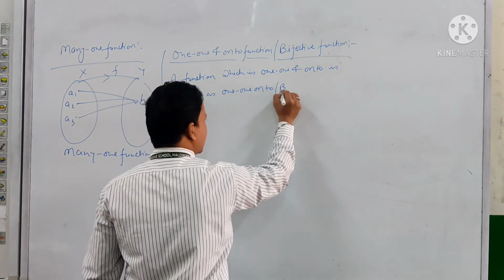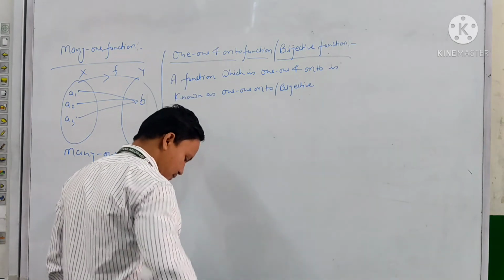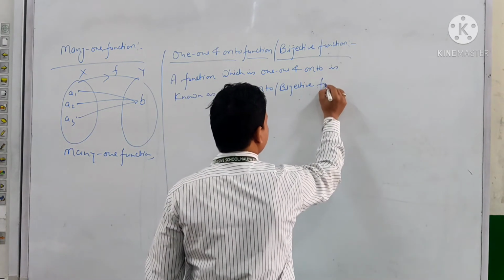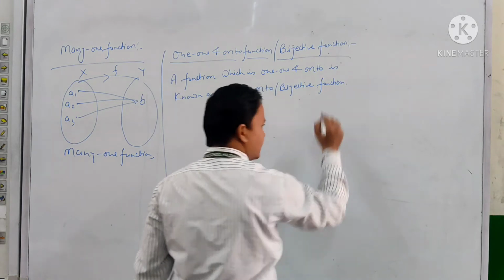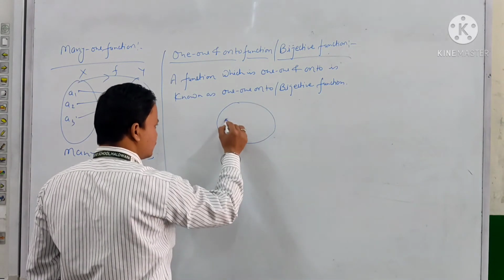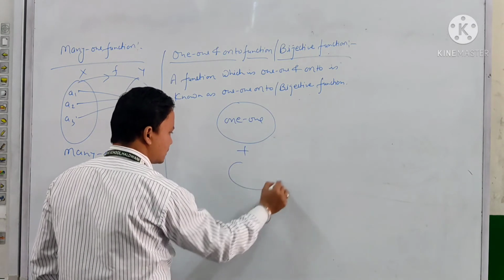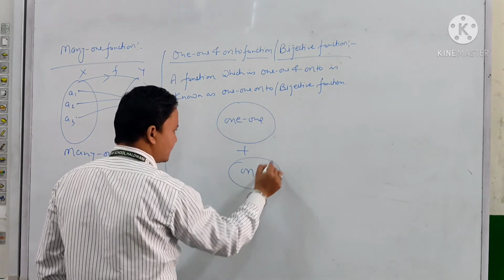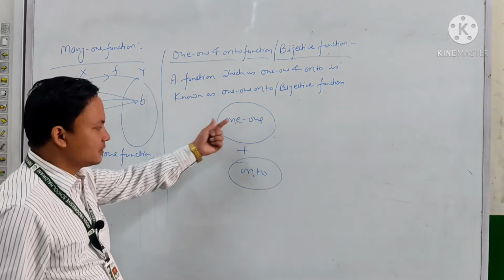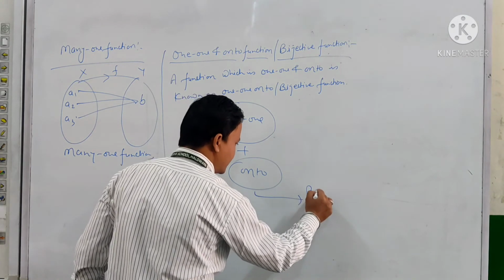Another name is bijective function. It means that if a function is following both properties, 1-1 plus onto, then the function is said to be a bijective function.